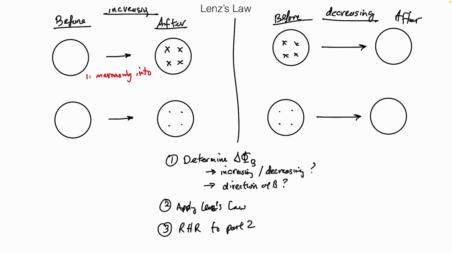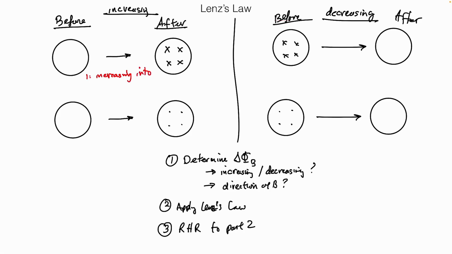Step 2, apply Lenz's law. What did Lenz's law say? Fight the change, right? Do whatever you can to fight the change. But the loop cannot start with the word decreasing. When we write down Lenz's law, the only word we can use is increase.